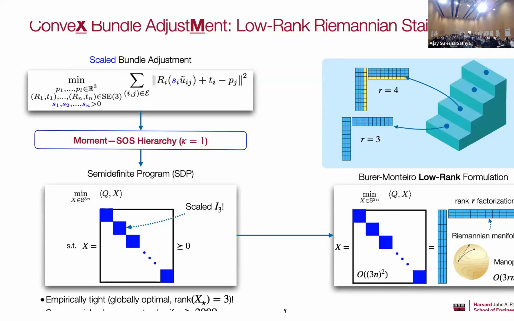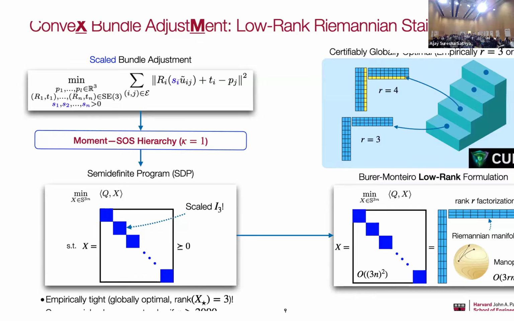So the good thing here is you can come up with this Riemannian staircase algorithm where you start with a very low rank factorization, for example r equal to 3. Then two things will happen. Either you can certify the optimal solution at a lower rank, or you can certify the solution is suboptimal, and actually you can do a descent in the higher rank space, and therefore converge to a better solution.